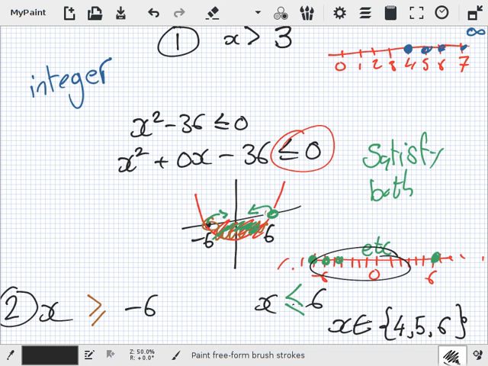Right, does anybody else get an answer? Nearly. Just read very carefully exactly what they want there. You're almost at it. At the back? Minus 5. Oh no, something went wrong there.